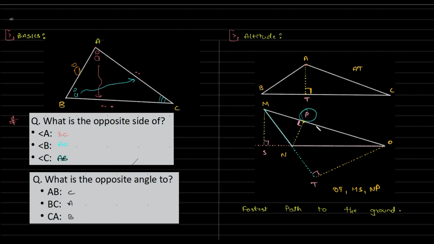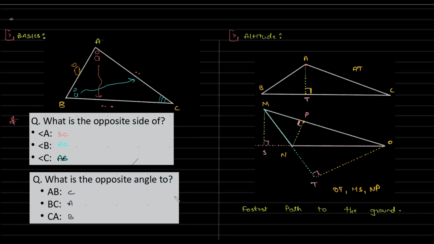Here it's touching, here it is not, and here too it's not. So here the altitude happens to be OT, MS and NP. Okay, and over here the altitude happens to be AT.